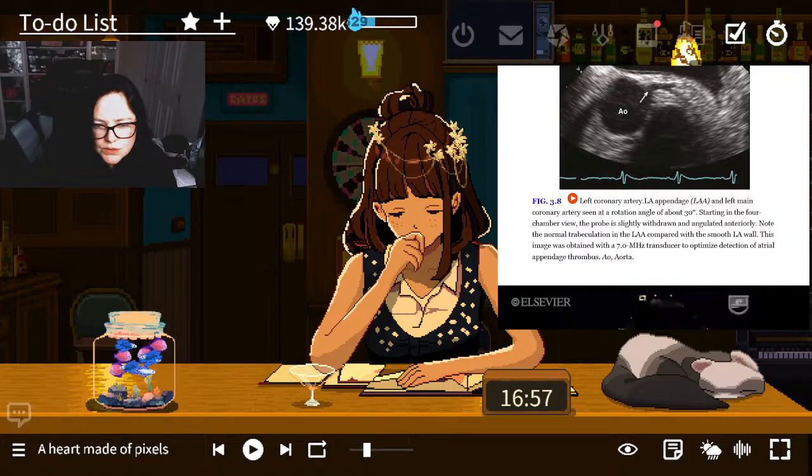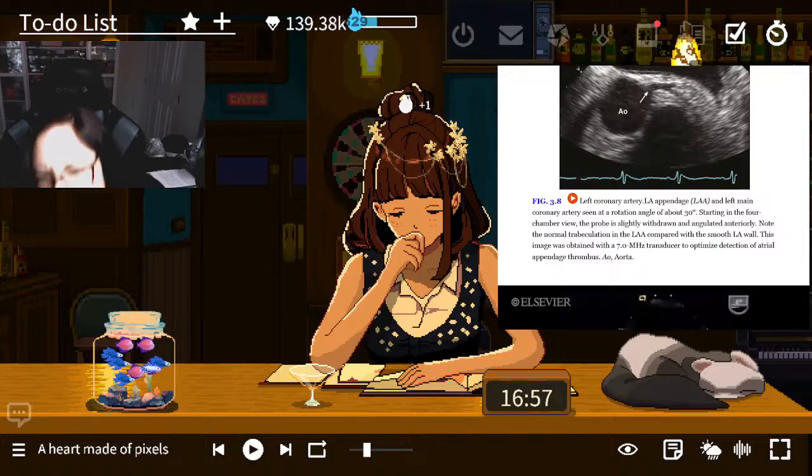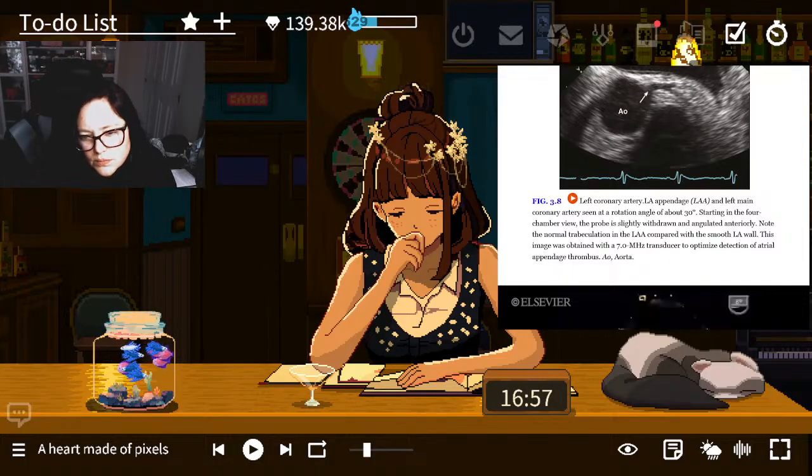Looks like that's a continuous wave of the mitral valve. And that's a... I don't know what that is. That might be a pulse wave in the mitral valve.